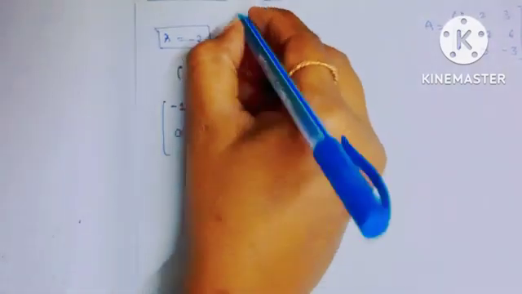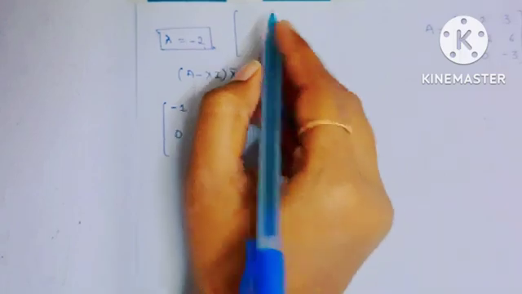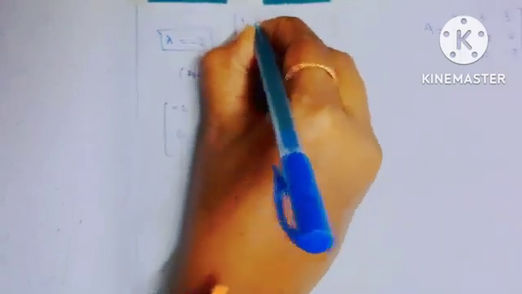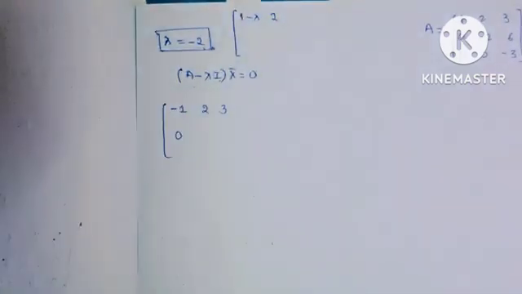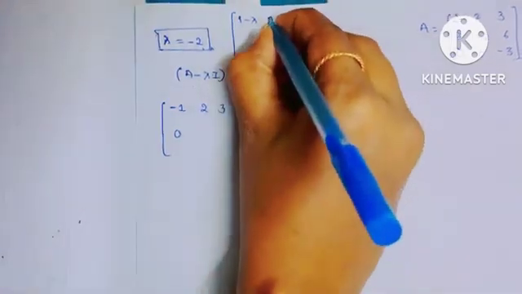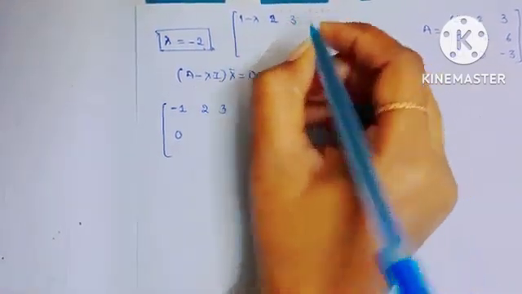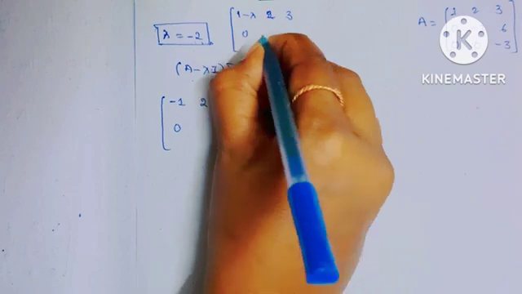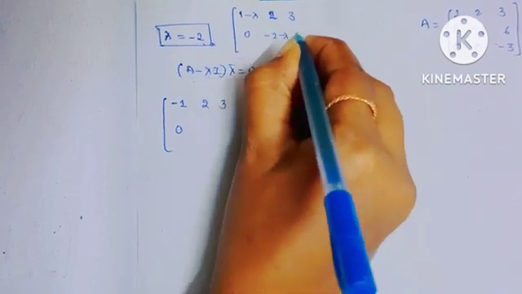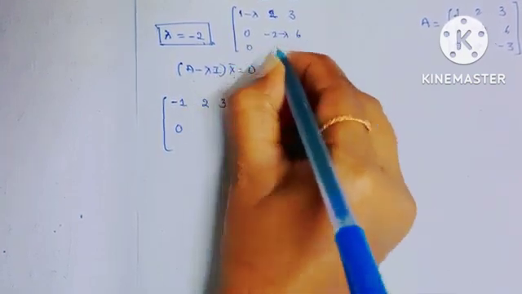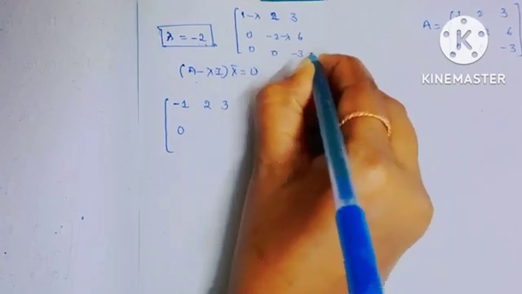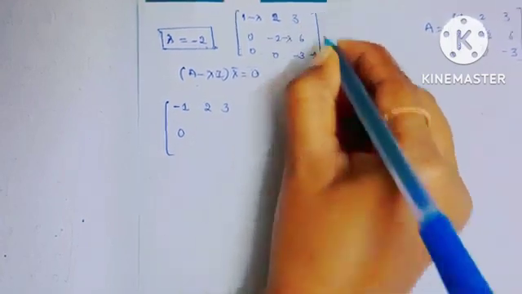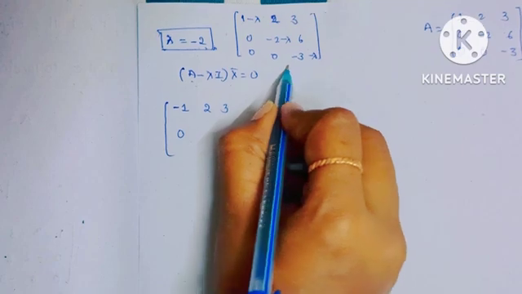Sorry, I will write the A minus lambda I matrix here: 1 minus lambda, 2, 3; 0, minus 2 minus lambda, 6; 0, 0, minus 3 minus lambda. This is the A minus lambda I matrix.